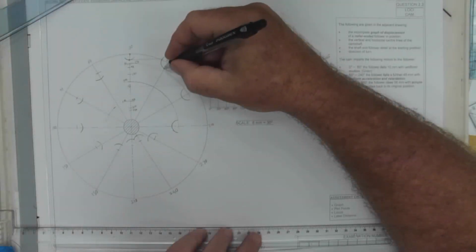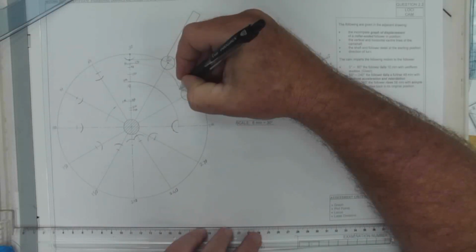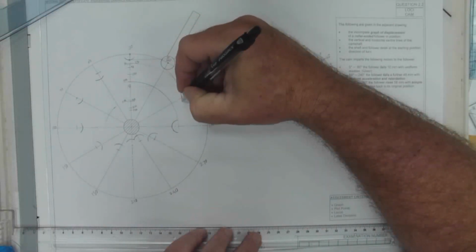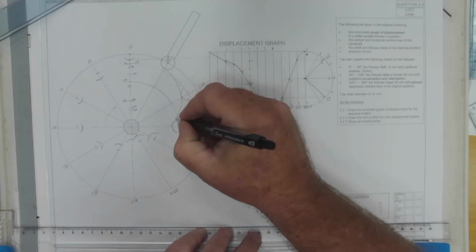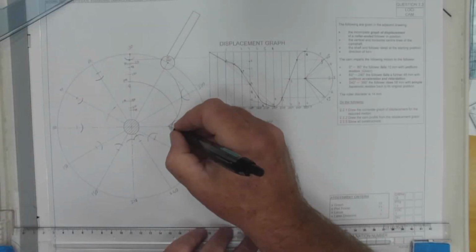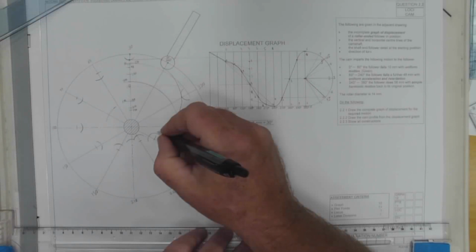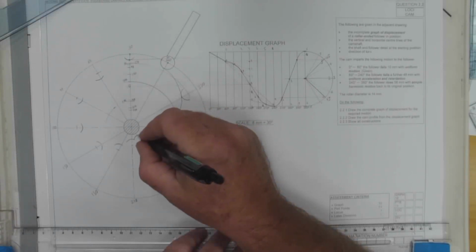I'm going to project them, join them up with a tangent. So get a nice curve. If you've got a flexi curve, French curves, get a nice curve going. Remembering that it can touch at a tangent, it doesn't have to touch at the exact point where it touches the division.